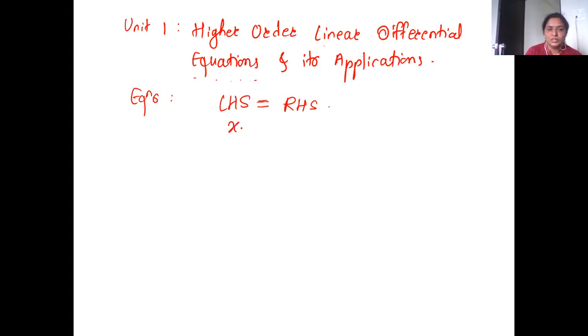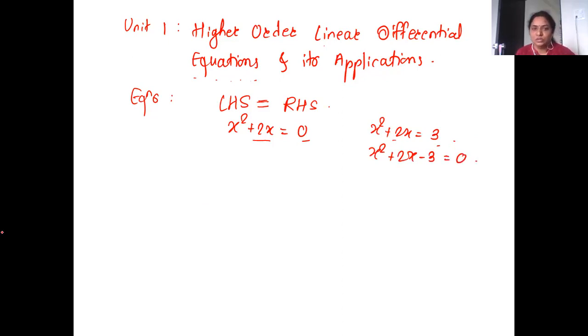So for example, say x square plus 2x is equal to 0. Is this an equation? Yes, it is having left hand side, it is having right hand side. So x square plus 2x is equal to 3. Is it an equation? Yes. But we can take that 3 here and make it equal to 0 also.